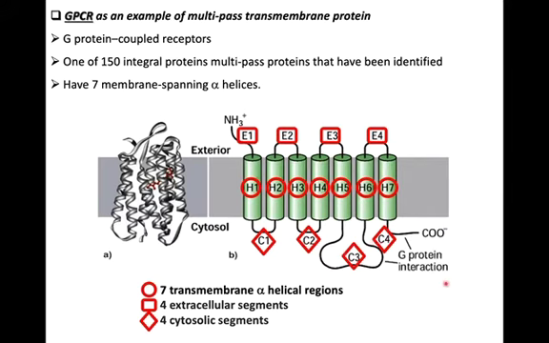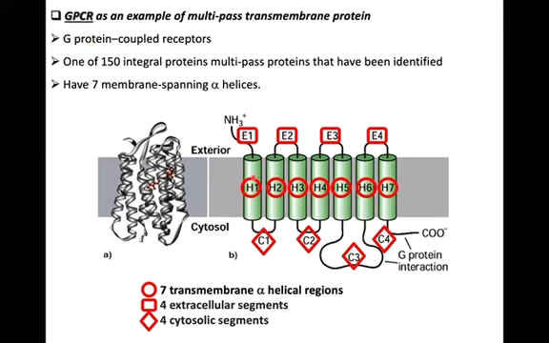And you can see that C3 and C4 are used to bind to another very important protein, which plays an important role in the process of cell signaling, which is the G protein. So that's why this receptor is called G protein coupled receptor.